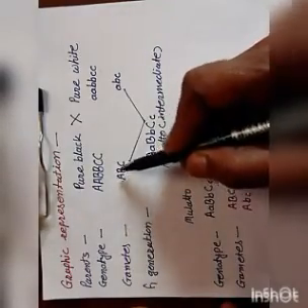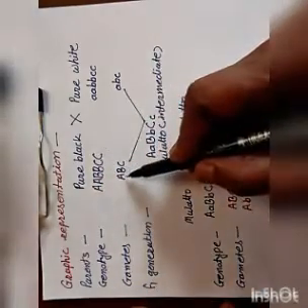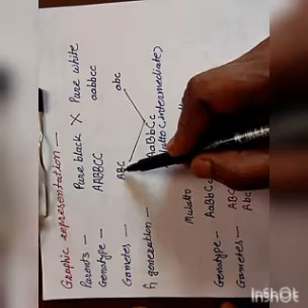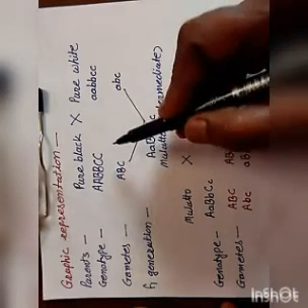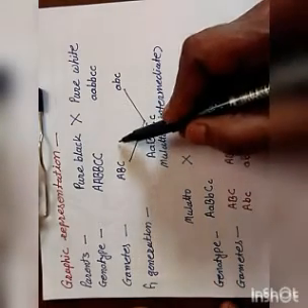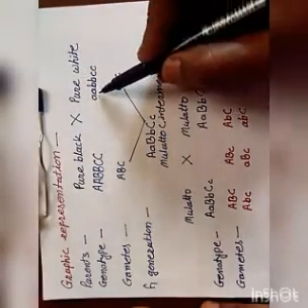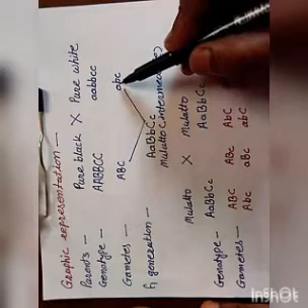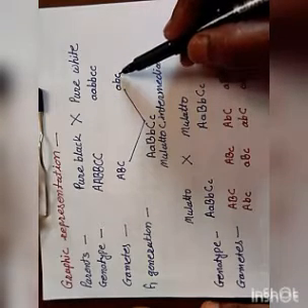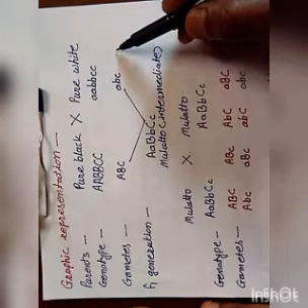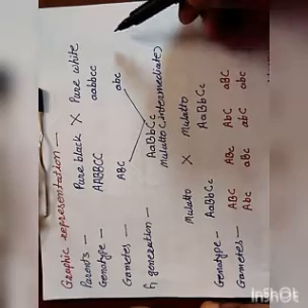Then the gametes of pure black are capital A, capital B, capital C, and another capital A, capital B, capital C. The gametes of the pure white individual are small a, small b, small c, and another small a, small b, small c.